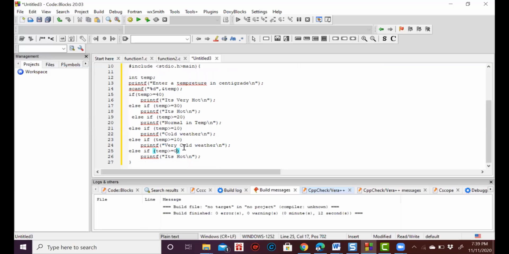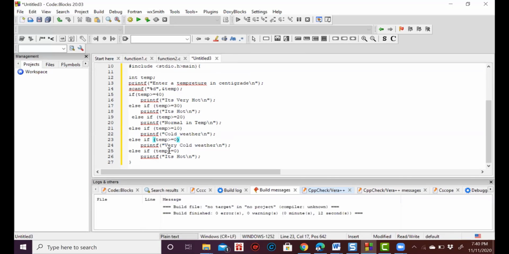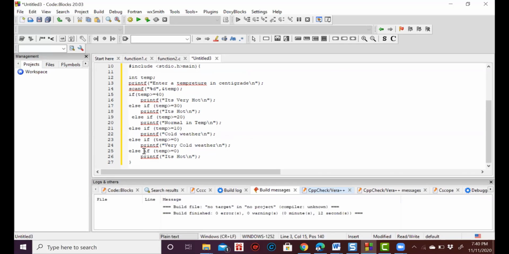Then 0, less than 0. No. Very cold. Freezing. Freezing is other. No, else. You don't need to do this one. Else is freezing. Okay.